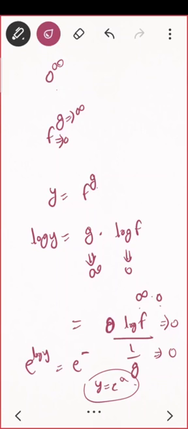Similarly, can you handle when you are having infinity raised to 0? Can you handle that type of question? Again, same thing, taking log. If you take log, what will happen?